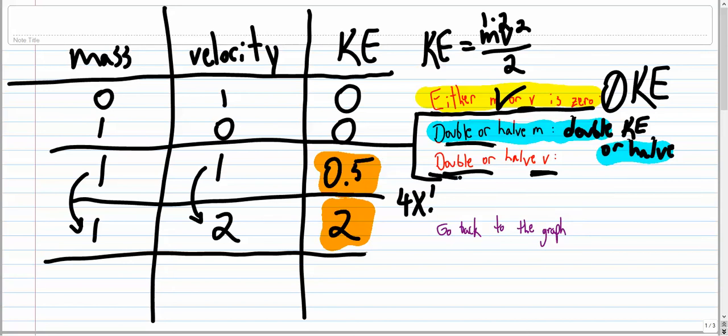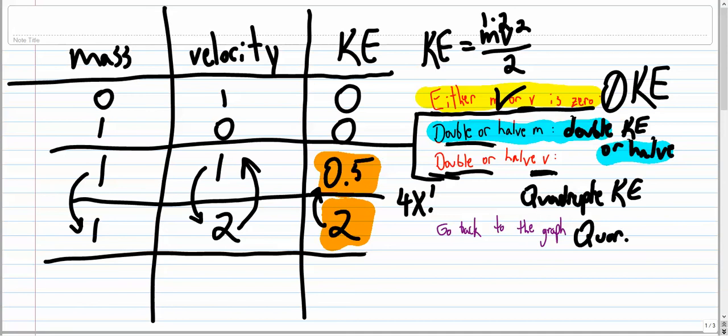So if we double our velocity, then we quadruple our kinetic energy. Likewise, if we took our velocity from 2 back down to 1, our kinetic energy would go from 2 down to 0.5. So that would be quartering. So if you halve your velocity, you quarter your kinetic energy.